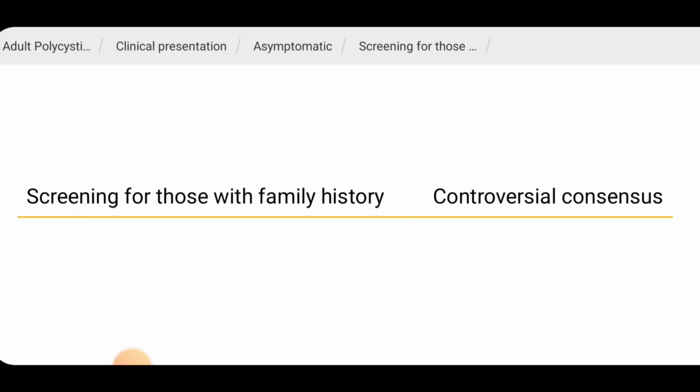However, for adult polycystic kidney disease, there is no cure. Therefore, the screening guidelines are a bit controversial. No age cutoffs have been given. However, by screening and early detection of these patients, we can prevent complications. Therefore, screening has some place for this condition.